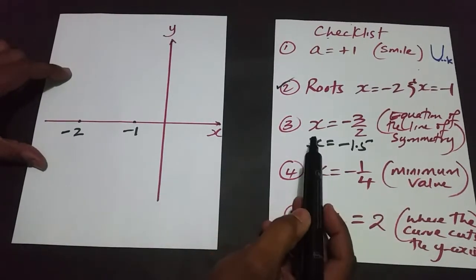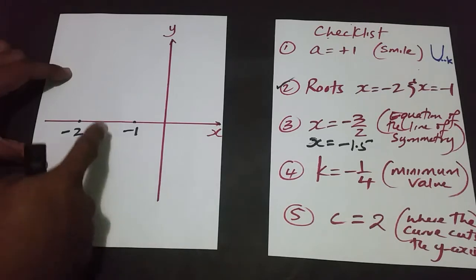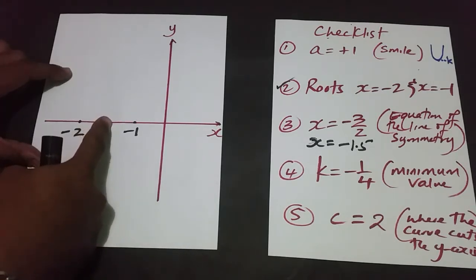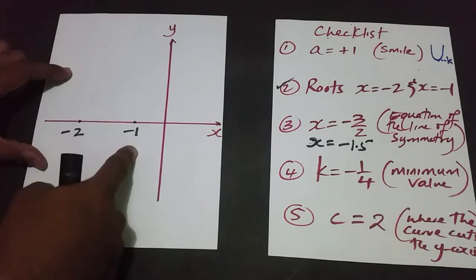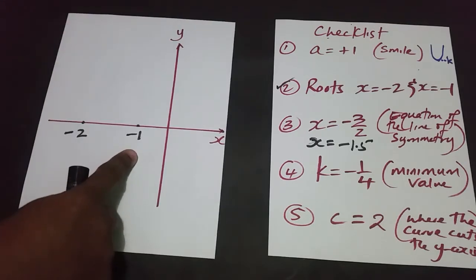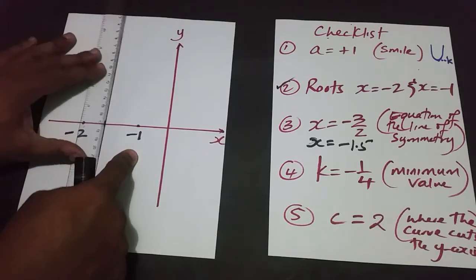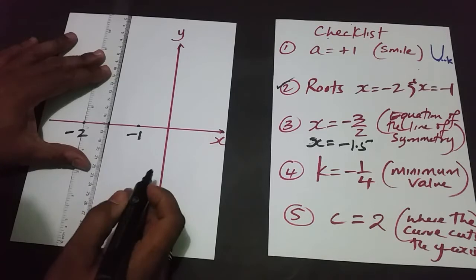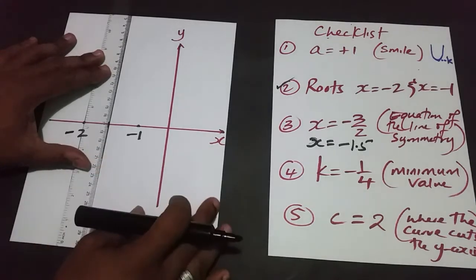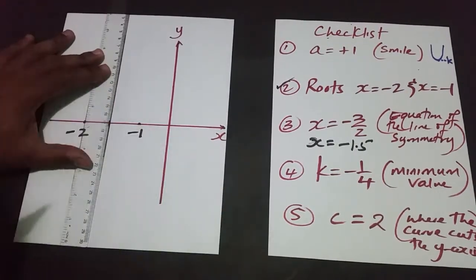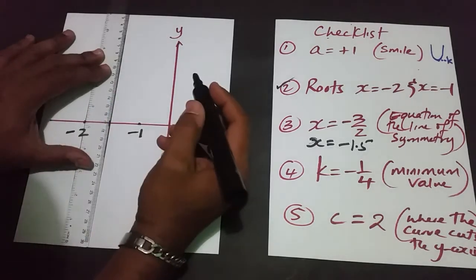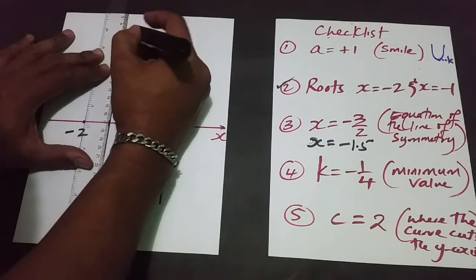And the line of symmetry always goes exactly in the middle of the two roots. So I'm simply going to get a line that is smack in the middle. The line of symmetry is always exactly in the middle of the two roots, and the two roots are -2 and -1.